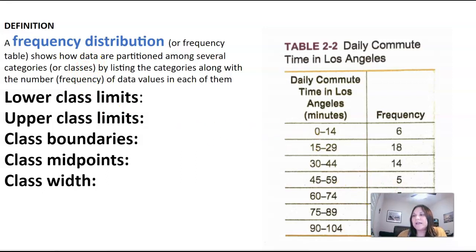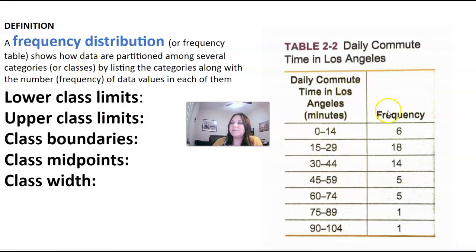If you read the top of the table, it tells you that the original range of numbers that we're looking at are the different times that people could be sitting in traffic on their commute in LA. I guess it didn't say that they were sitting in traffic, but I'm assuming if it's Los Angeles that they are in a lengthy commute, and probably some of that time is sitting.